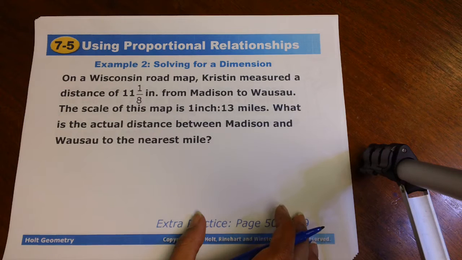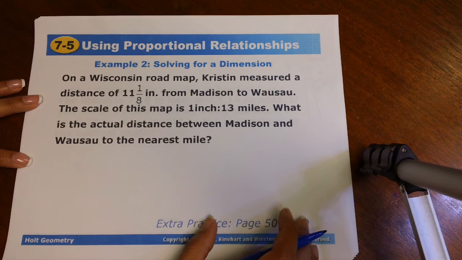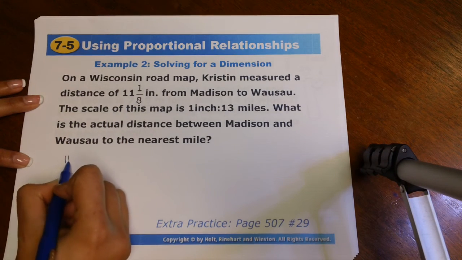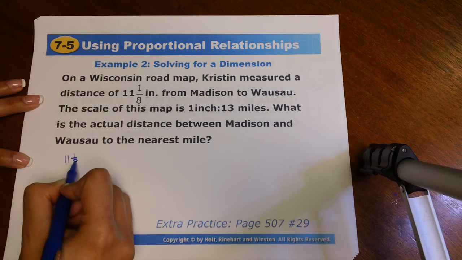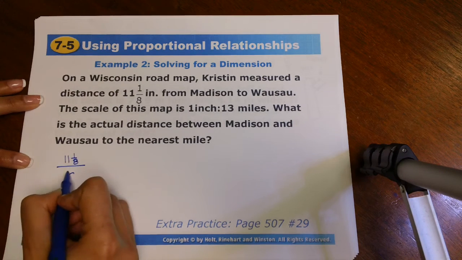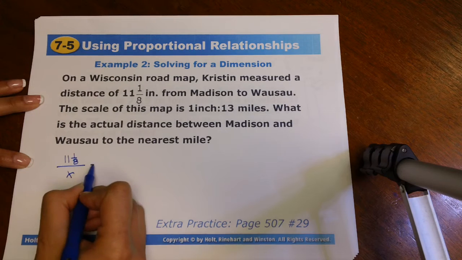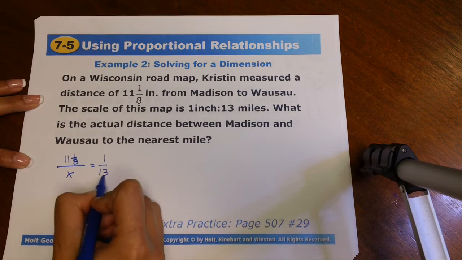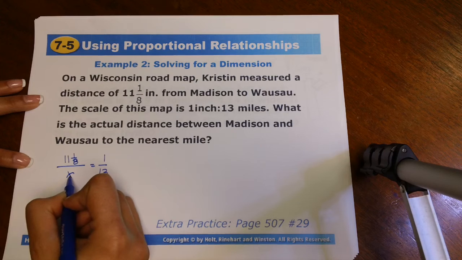All right, so what we need to do is create a proportion comparing the distance and the scale. So the distance is 11 1/8, and that's on the map. I don't know how far it is in real life, but I do know that that's 1 inch to 13 miles. So this is the miles that I'm looking for.